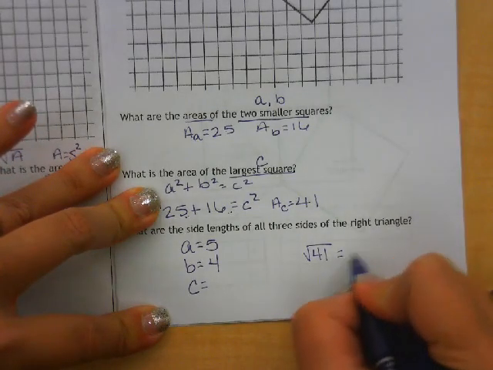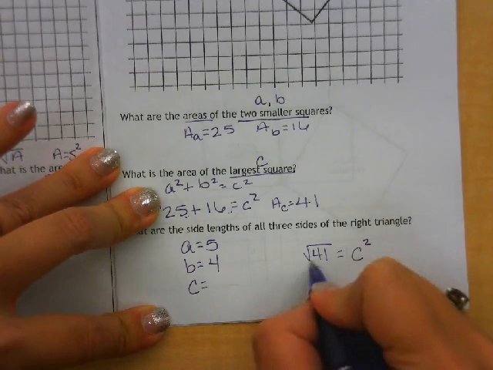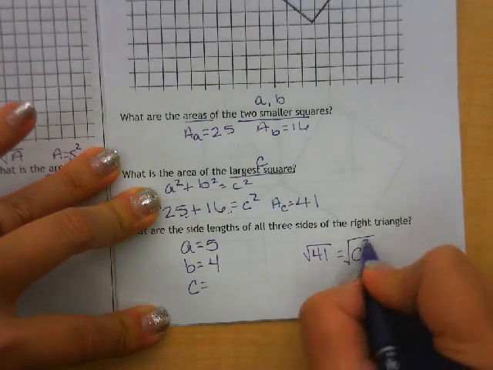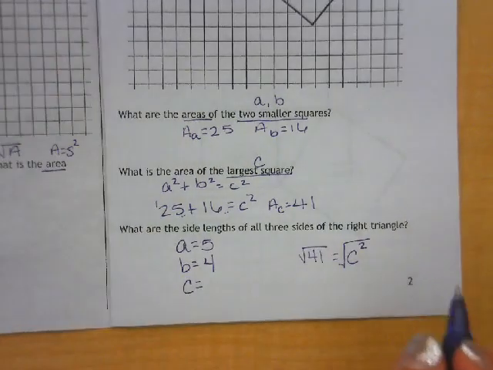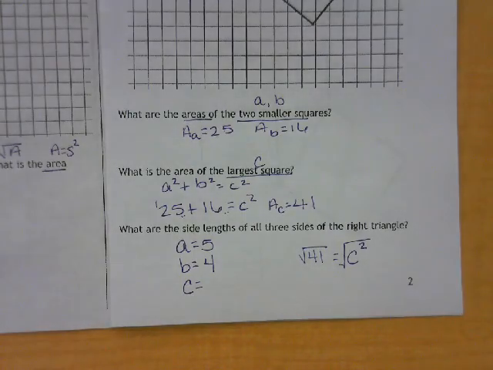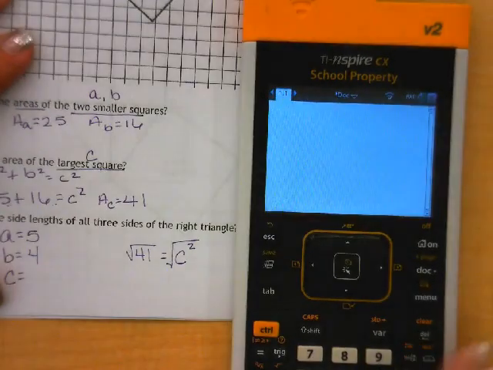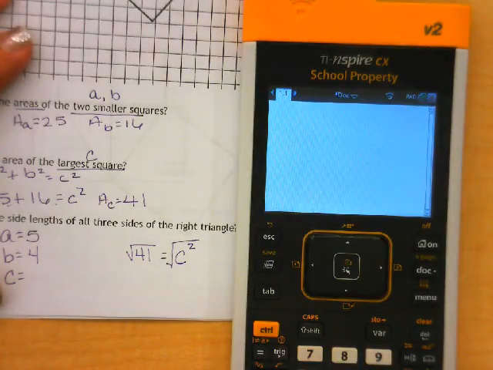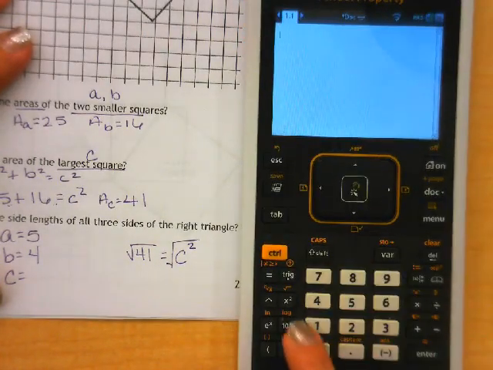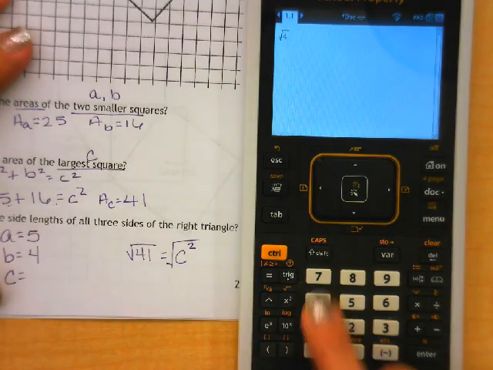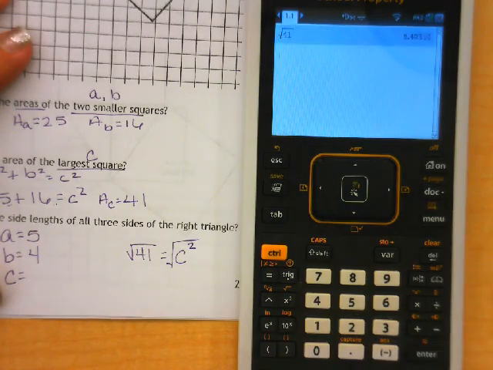Because remember, if I have C squared is 41, to undo a square, I take the square root. And this is where your calculator is going to come in handy. So using our calculator, square root is going to be the yellow button squared right here next to the 4. We're going to put 41, and it would be 6.4.